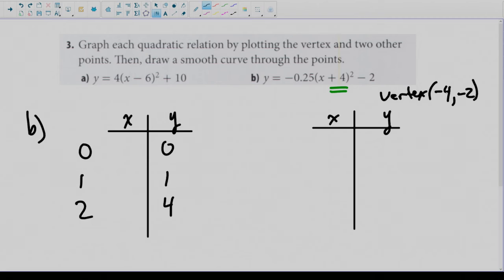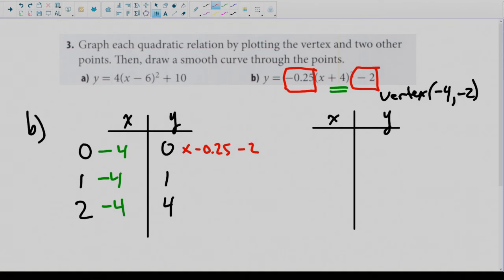Okay, so that's our vertex. Now that actually also tells us what to at least do to the x value. So we're going to subtract 4 from all of our x values. And our y values are going to be based on the minus 0.25 and the minus 2. So we're going to multiply by negative 0.25 because it is multiplying the bracket. The main operation is a multiplication between the 0.25 and the bracket. And we're going to subtract 2.